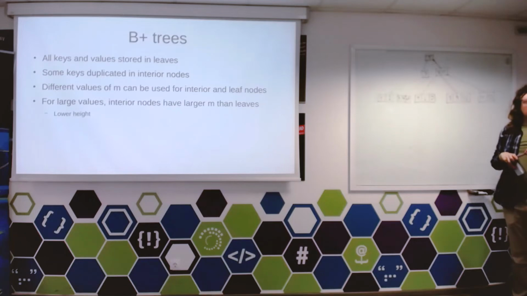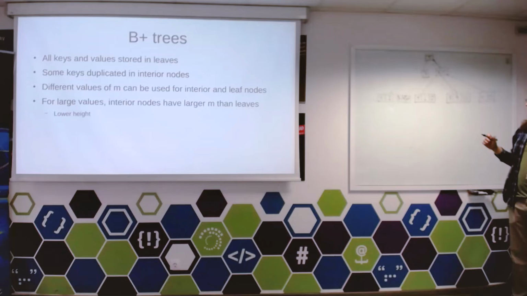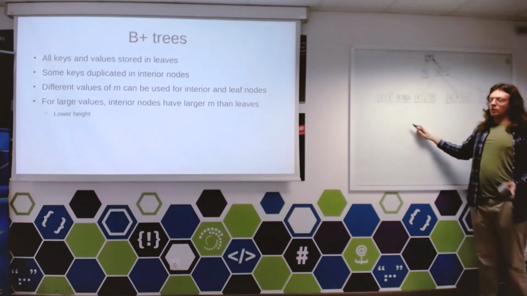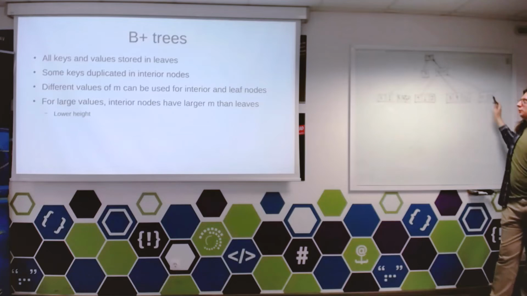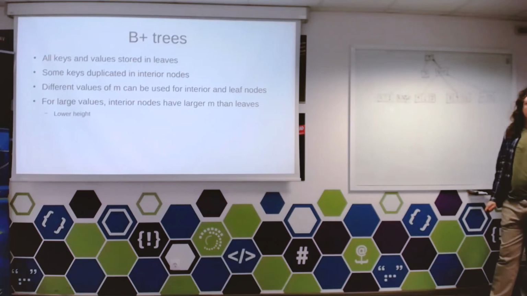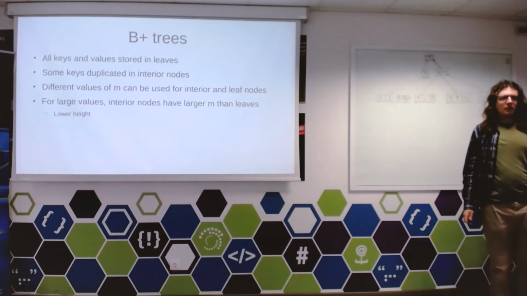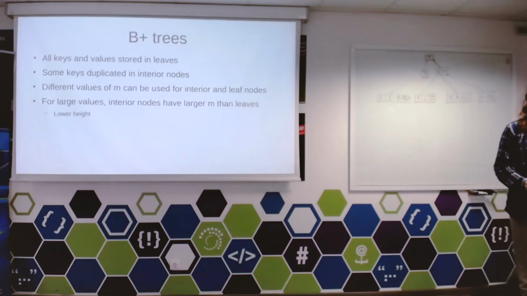Why does the number 3 appear twice? Because in a B-plus tree, all of the keys and values are stored in leaves, and some keys are duplicated up in the interior nodes. So B-plus trees are like segment trees. Yeah, I guess they are a bit like them.